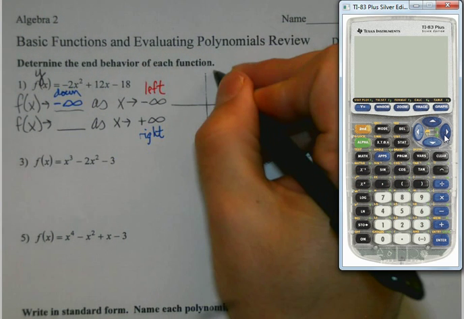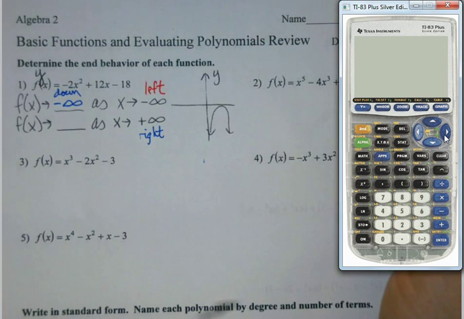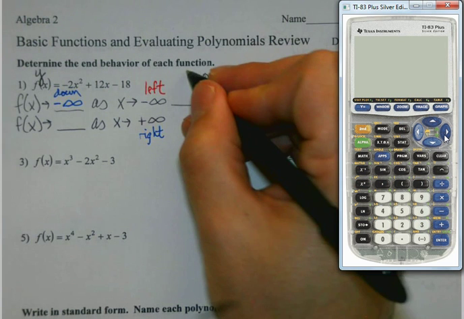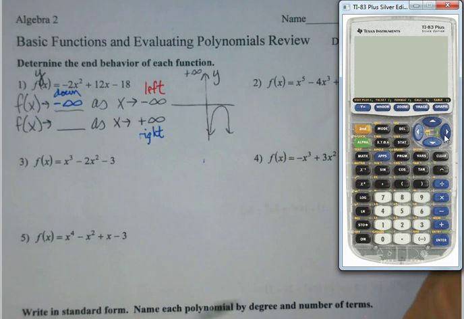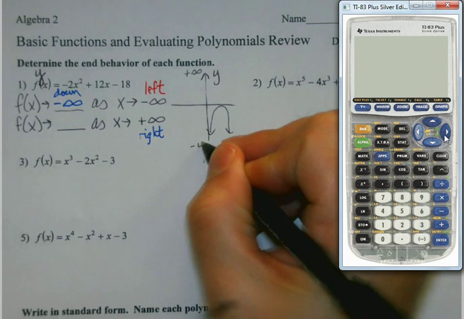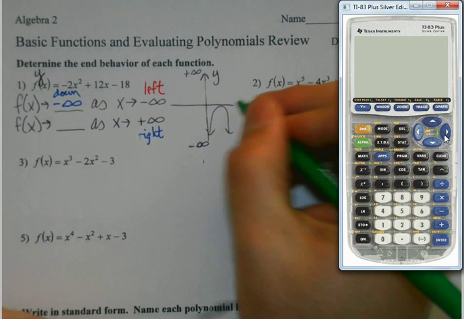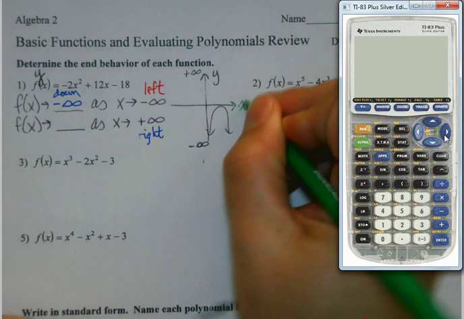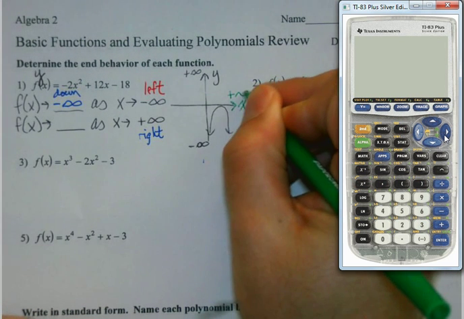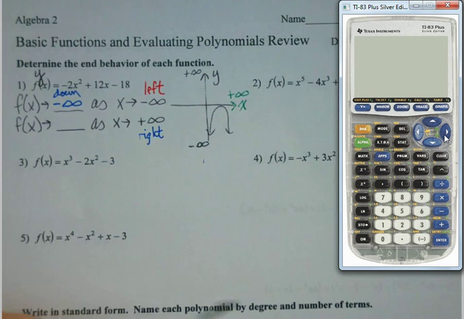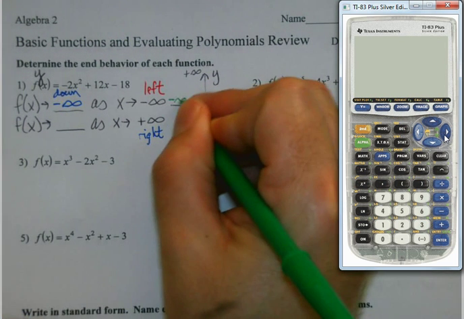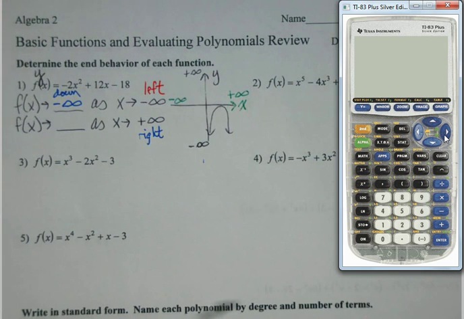On the y-axis, positive infinity as I go up because the numbers get bigger, negative infinity as I go down because the numbers get smaller. With my x-axis, as I go right, I'm heading to positive infinity. As I go left, I'm heading to negative infinity. So we're just giving some words or symbols to the directions that we're going.